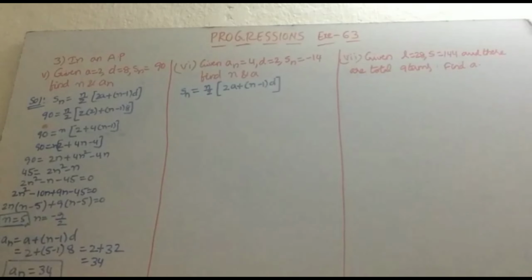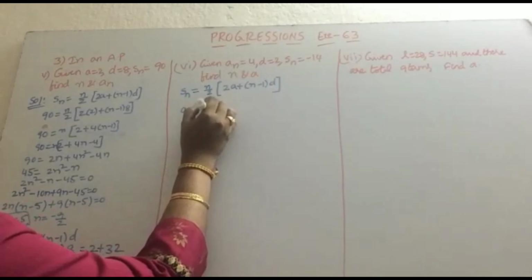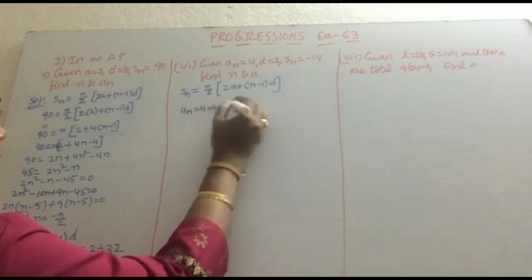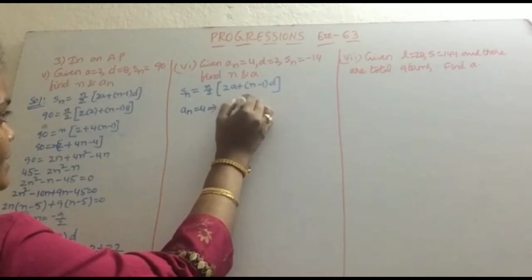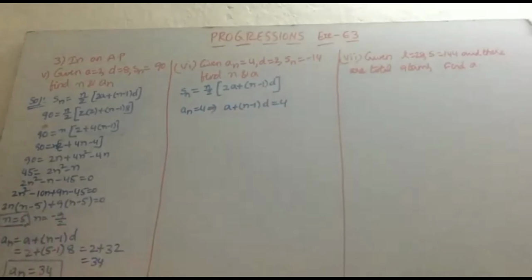So first of all we will find the value of a. An is equal to 4, that means a plus (n minus 1) into d is equal to 4.